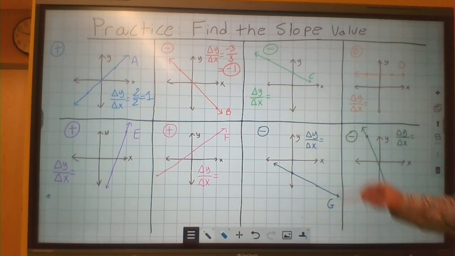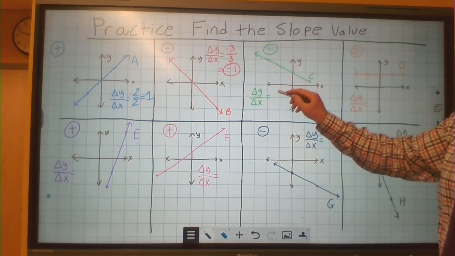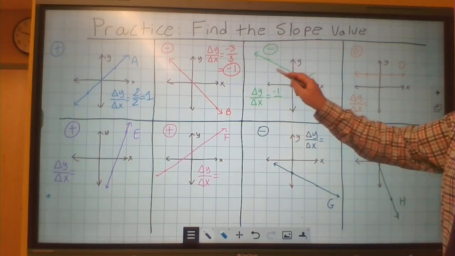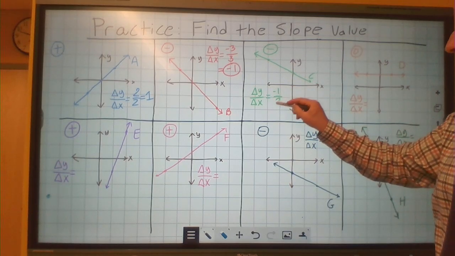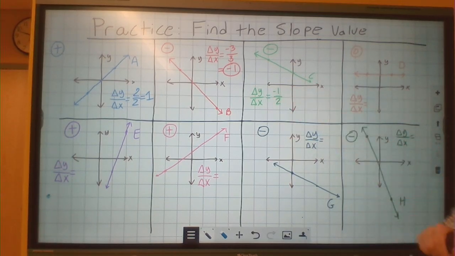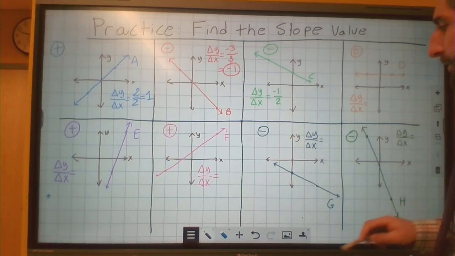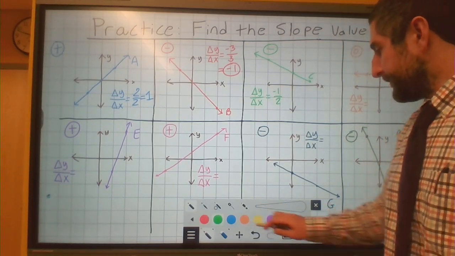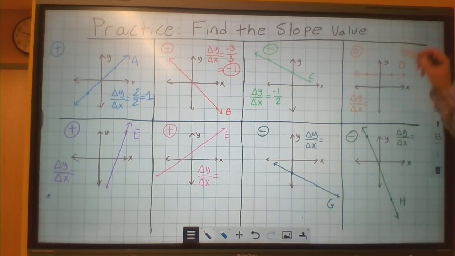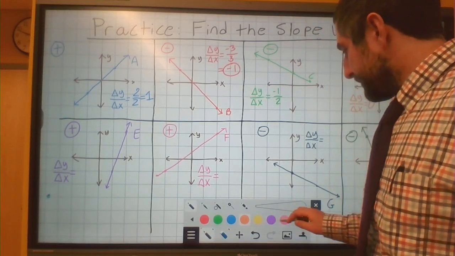C, we're going down 1, so that's negative 1 for the y, and we're going forward 2, that's positive 2. We have negative 1/2 for this slope. The orange one, we already determined that the slope is 0. So I won't even speak more about that.